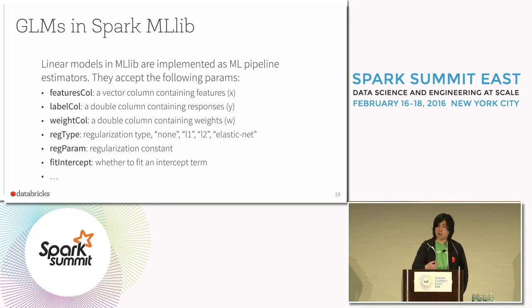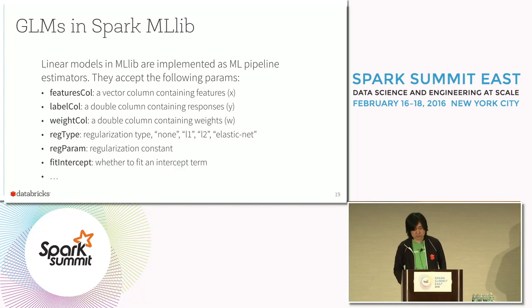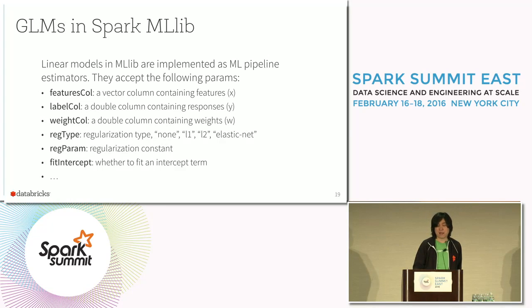You may have one column containing the features and one column containing the labels. The estimator will take the training data frame and train a model. The model can then be applied to data frames with the same or a similar schema to make predictions. That's what we call a pipeline.